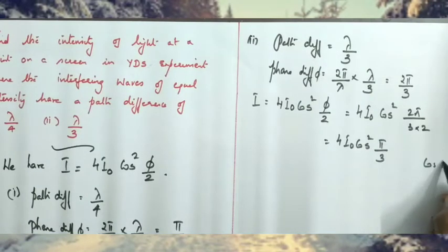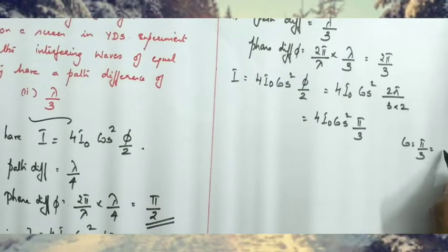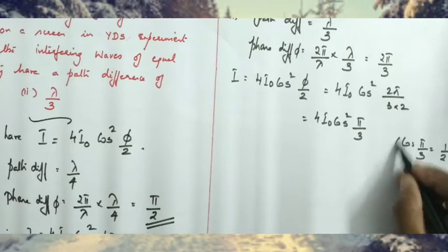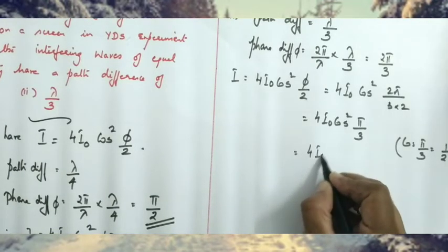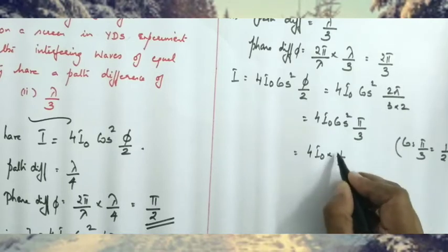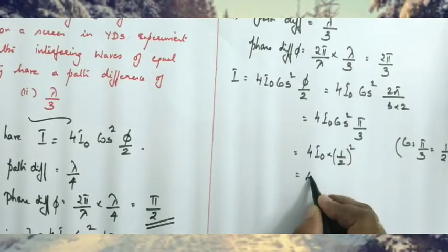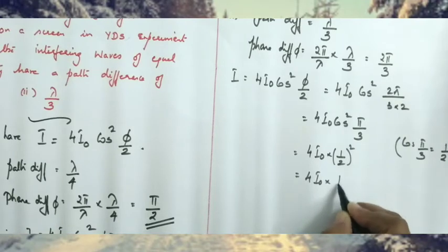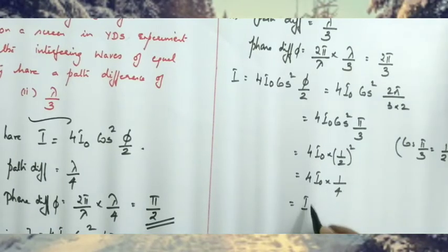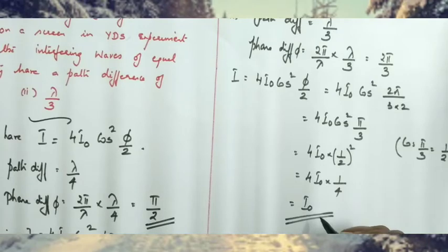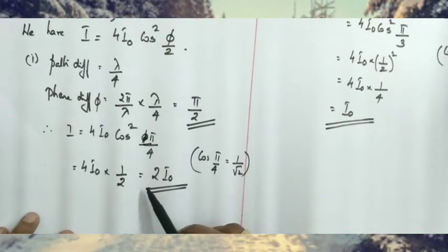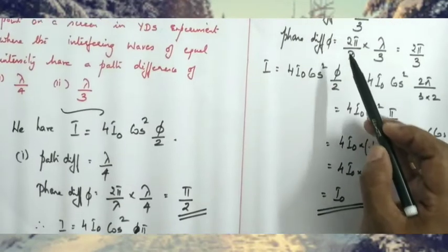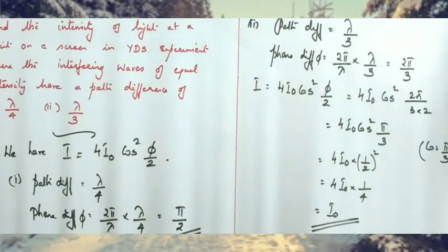We know cos pi by 3 is 1 by 2, cos 60 degrees is 1 by 2. So it is 4I0 into 1 by 2 the whole square, that is 4I0 into 1 by 4, which is I0. So when path difference is lambda by 4, intensity is 2I0. When path difference is lambda by 3, intensity is I0.